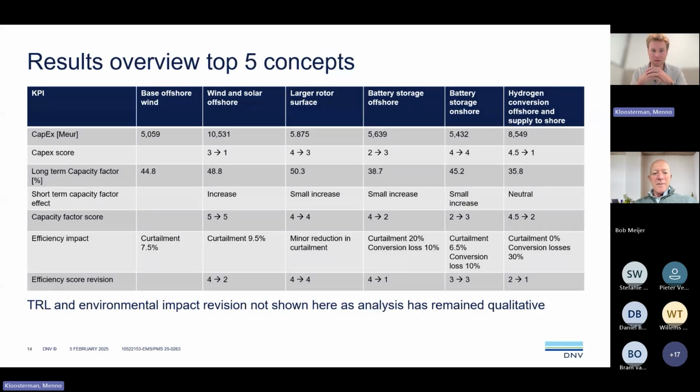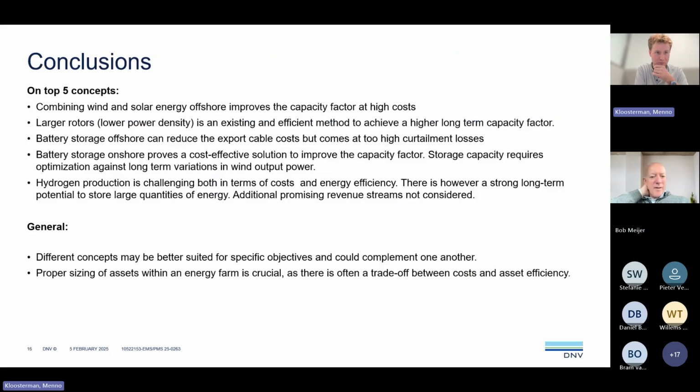For example, for hydrogen, certain studies showed that if you replace the export cable with a pipeline, and it was a certain German study that we looked at, and is also referenced in our report, that would have been a very cost-effective solution in that particular case. So it's also very strongly dependent on your reference frame and what your assumptions are, and in terms of what becomes a winning solution. And I think that was in the end, jumping to the conclusion, also our main conclusion.